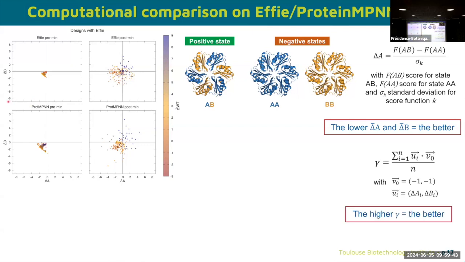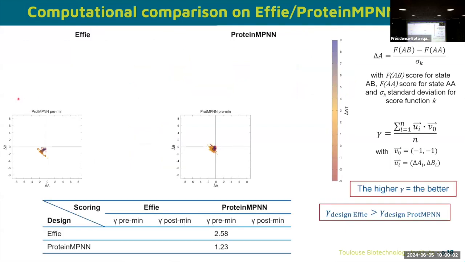So first, I will show you the results progressively. On the left is the design performed with EFI, and on the right the one performed with ProteinMPNN. The score here is the score difference calculated with the ProteinMPNN scoring before minimization. As you can see here, and also with the gamma, the score differences for the EFI designs are lower than the ones for ProteinMPNN, even though it is ProteinMPNN that is scoring here.